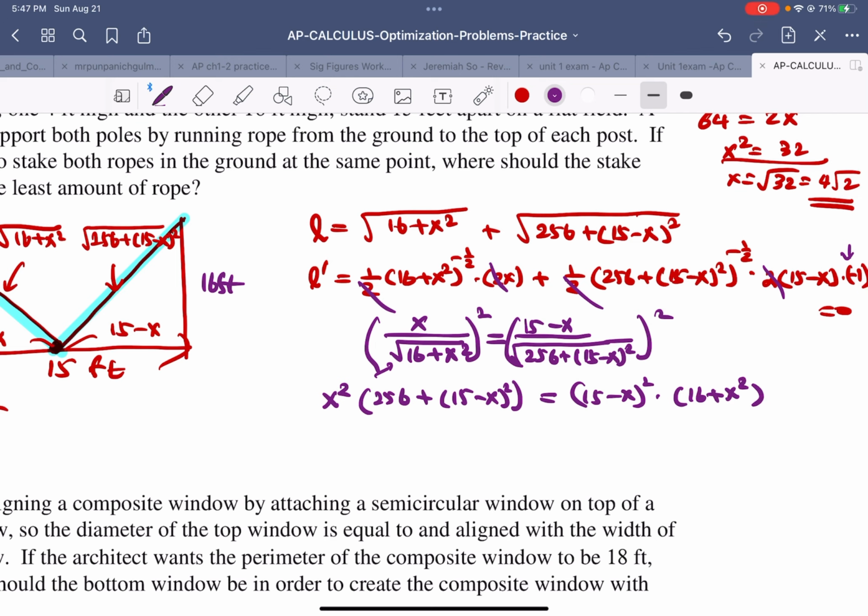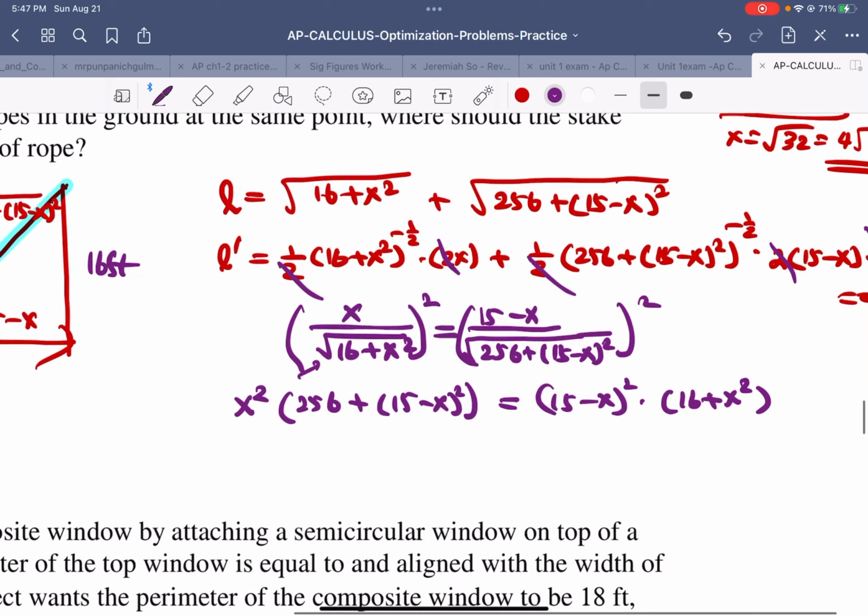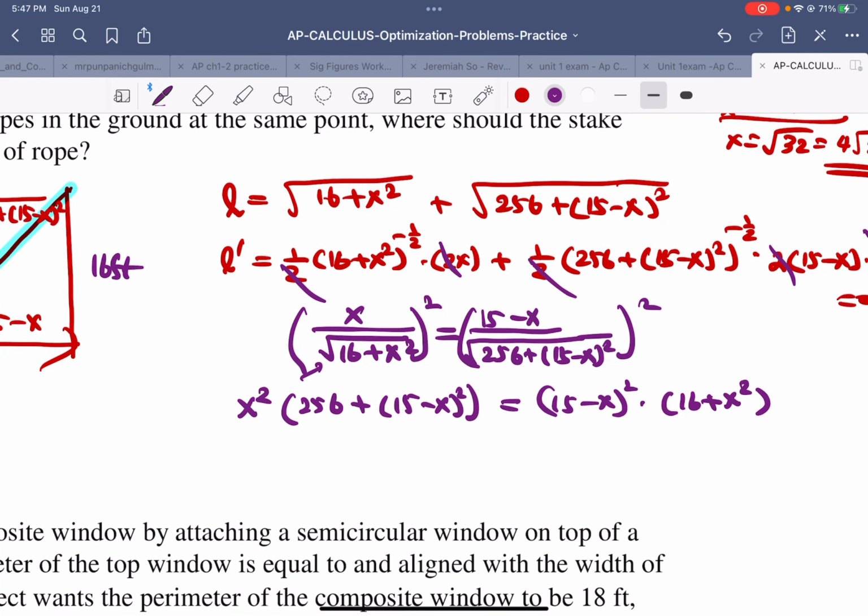Okay, so I believe you understand so far. Now, next step, let's multiply it out. So when you multiply, 256 x squared plus x squared times (15 minus x) squared.